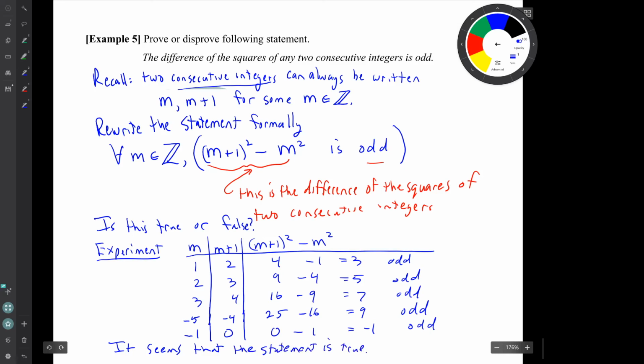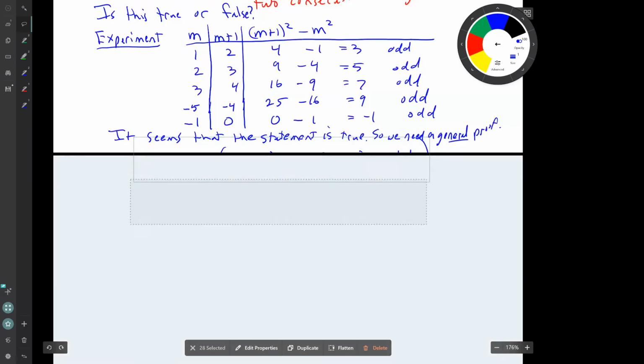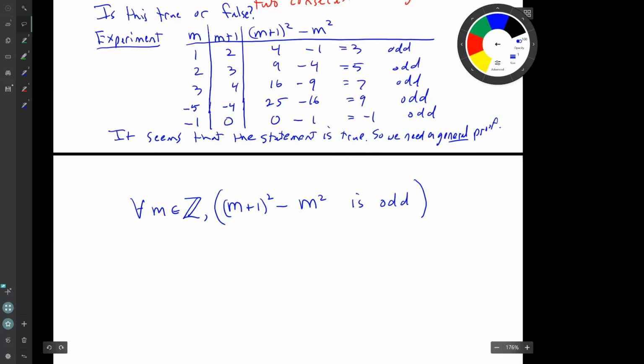So we need a general proof. So let's copy this statement onto the next page and prove it. So there's the statement that we're trying to prove. Our proof structure needs to be a generalization from a generic particular element.